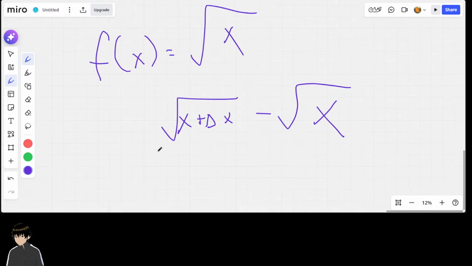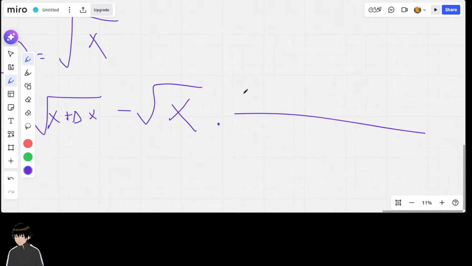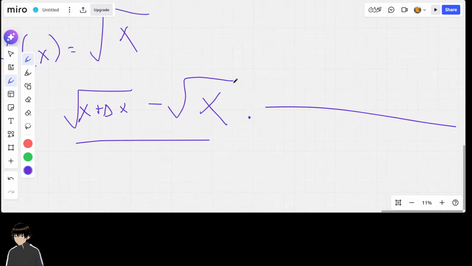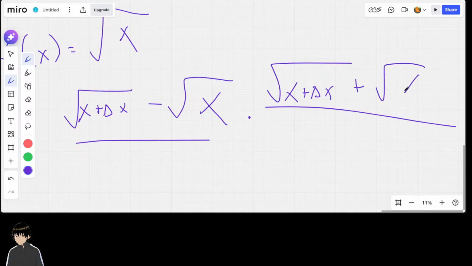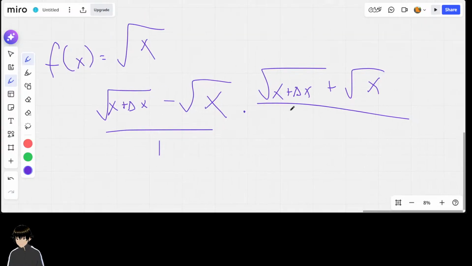And then you times that to the conjugate, both top and bottom. To the conjugate, which is x plus plus x. And then we have the same here.